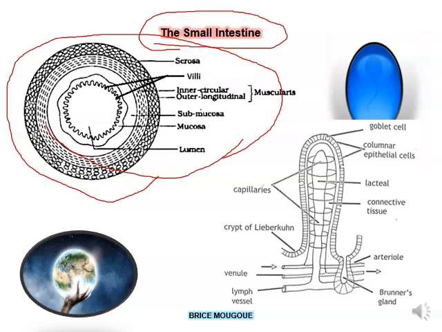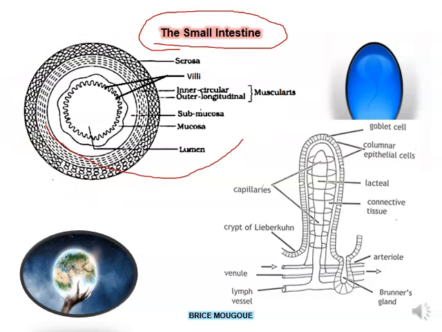We'll then notice that the small intestine has 4 different layers.